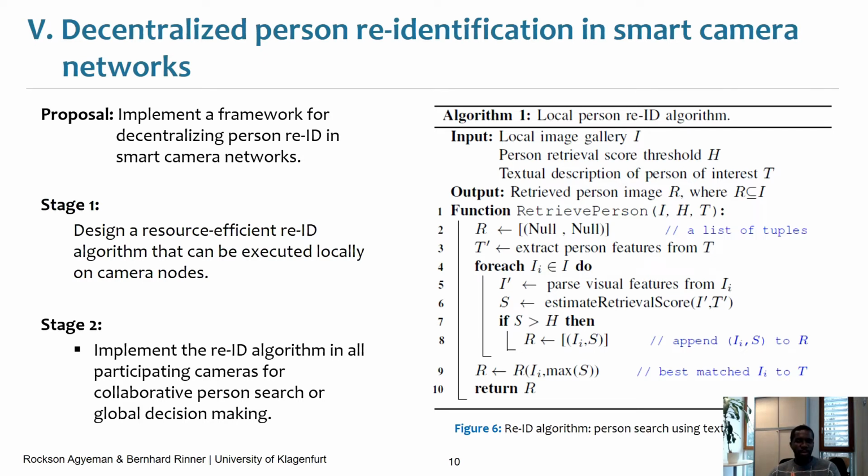This proposed framework is in two stages. Stage 1 involves designing and optimizing the size of re-identification algorithms to meet the resource specifications of camera nodes. Stage 2 involves implementing the re-identification framework on camera nodes such that cameras within a network can collaborate with each other to retrieve a person of interest globally.